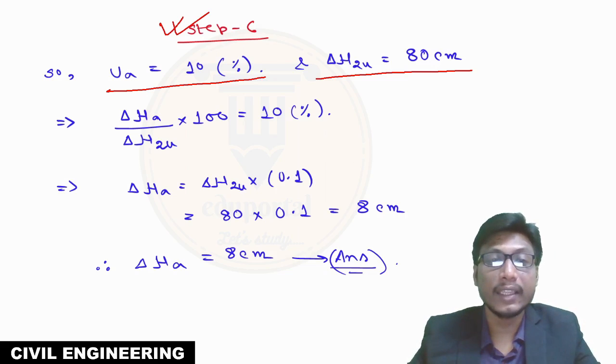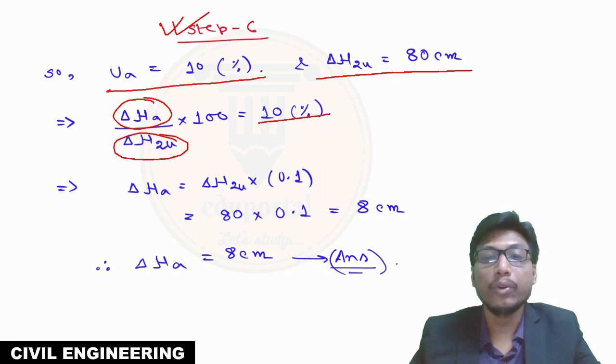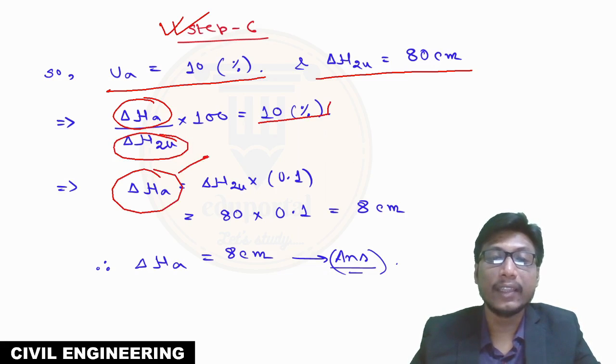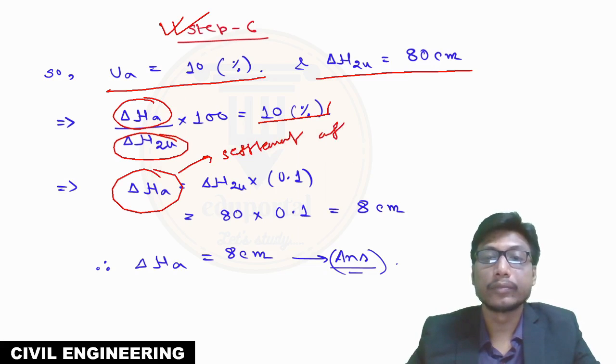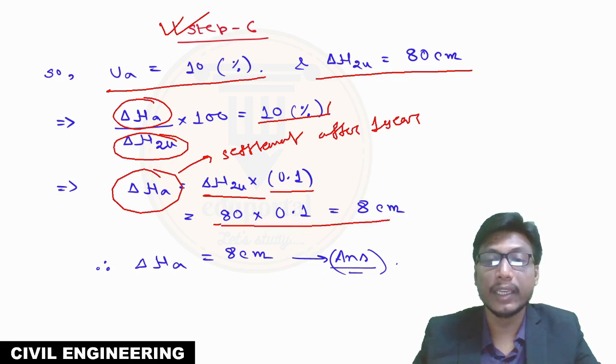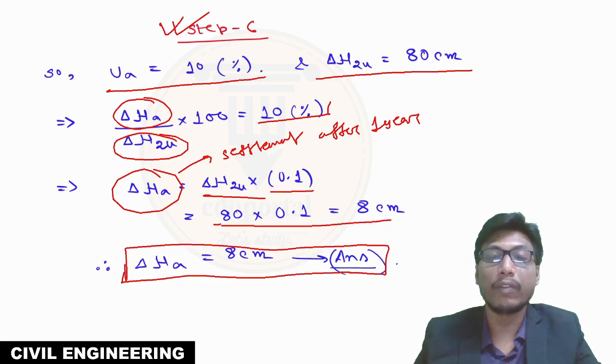So del HA is the settlement of the soil layer after 1 year, this is the ultimate settlement, and we know the degree of consolidation. If we put these values, we get del HA equal to 8 centimeter. So the settlement of soil sample 2 after 1 year is 8 centimeter. Okay, so this is the solution.